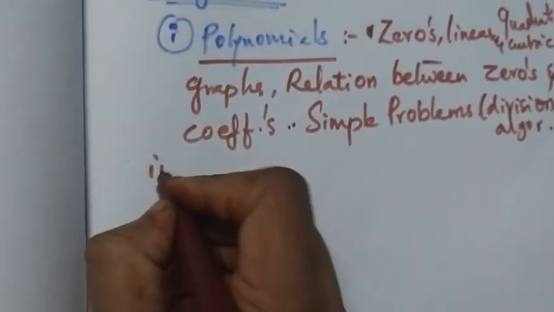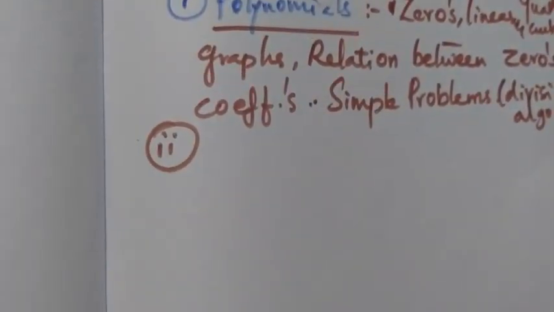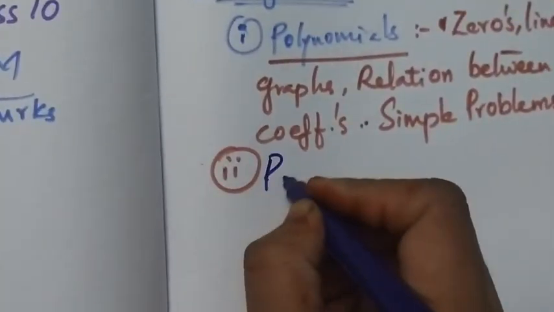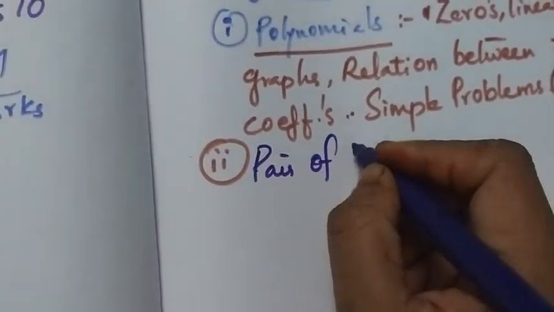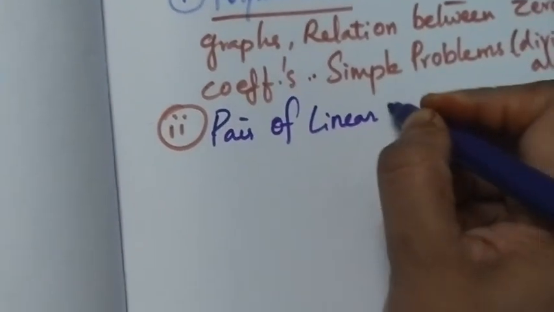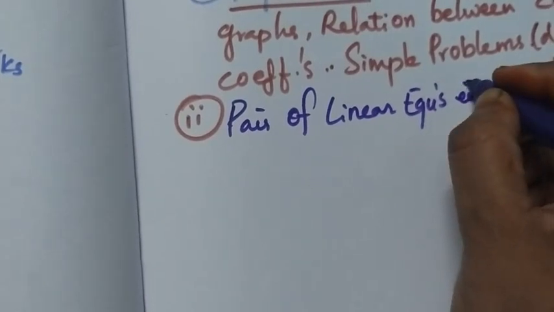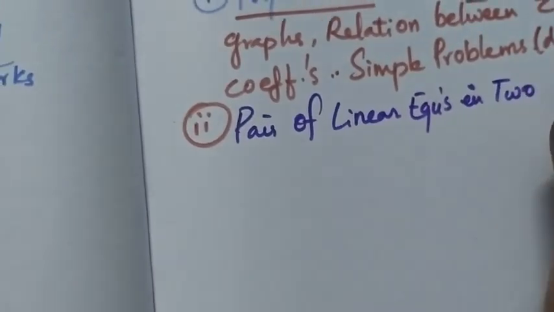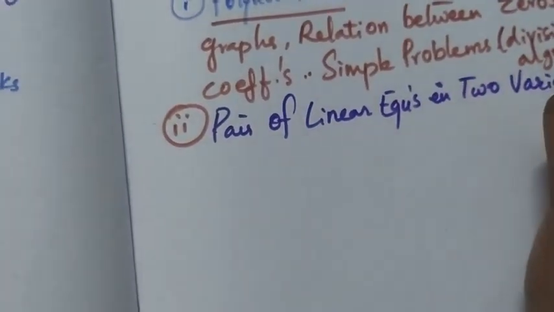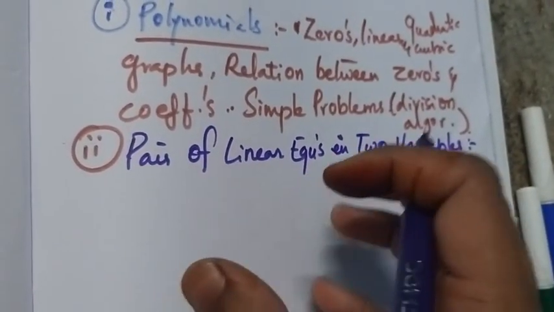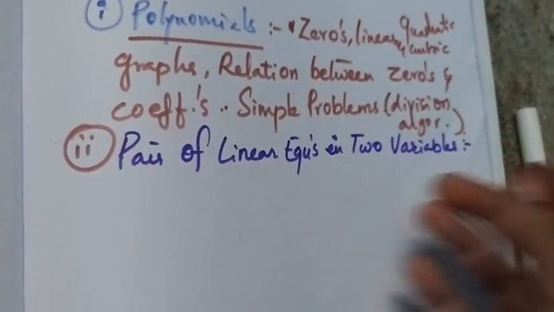Second, we have another topic in algebra, that is pair of linear equations. I am not taking so much time for you to understand this, only 20 minutes, so keep watching this video completely so that you can understand what topics are important and what we have to learn before the exam.